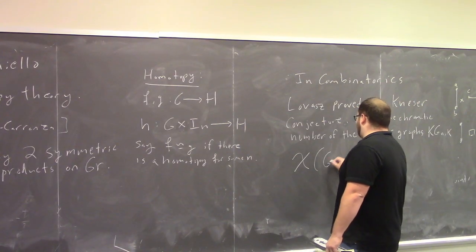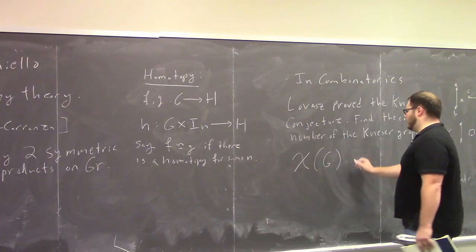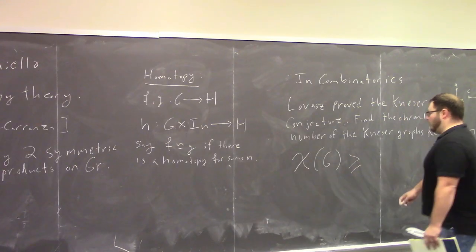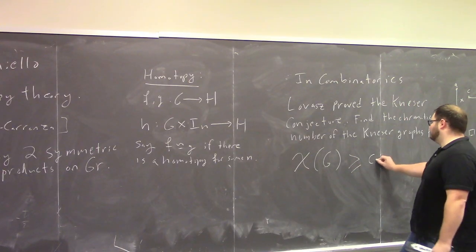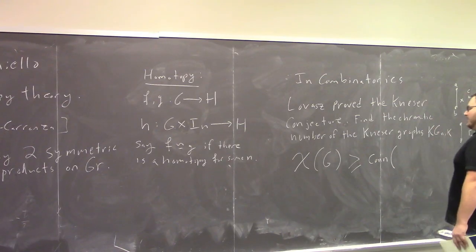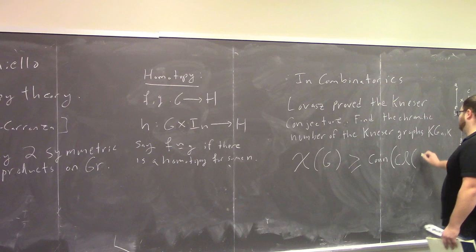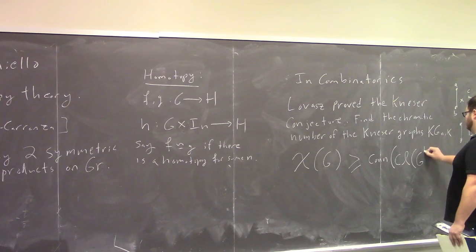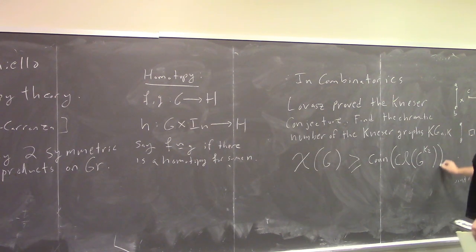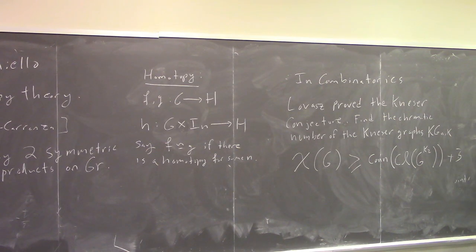if you take a graph, its chromatic number is bounded from below by the connectivity of a certain space. What is that space? First of all, this space right here is G to the K2.